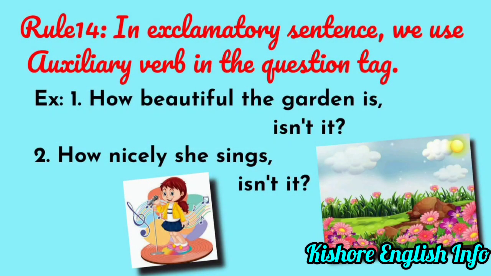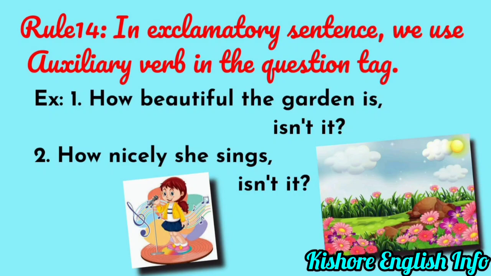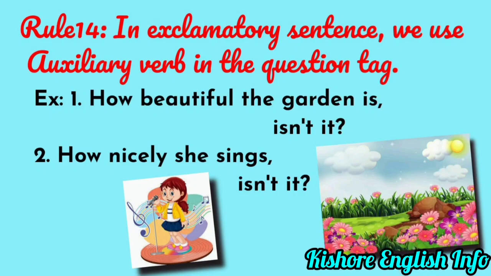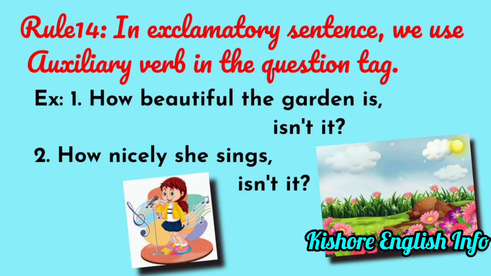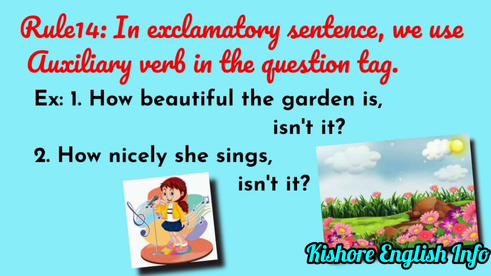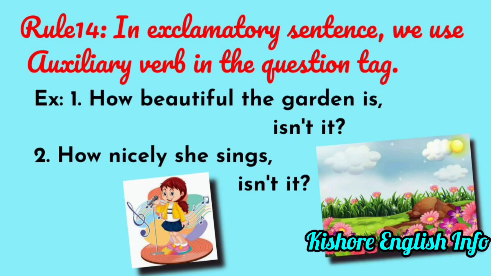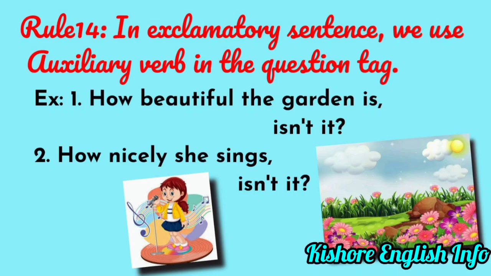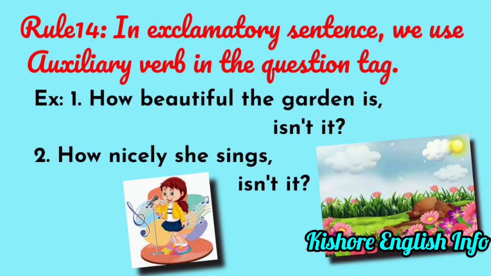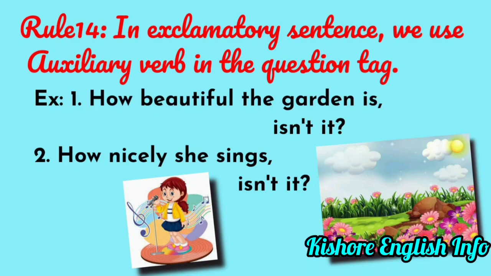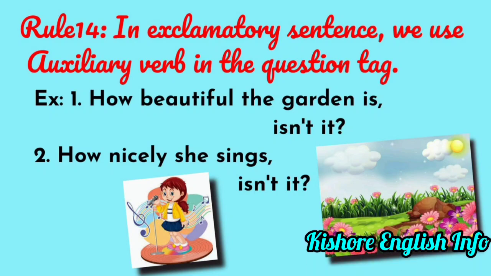Rule number 14. In exclamatory sentences, we use the auxiliary verb in the question tag. How beautiful the garden is, isn't it? Auxiliary verbs are helping verbs, primary and modal auxiliaries, which we discussed in our previous videos.